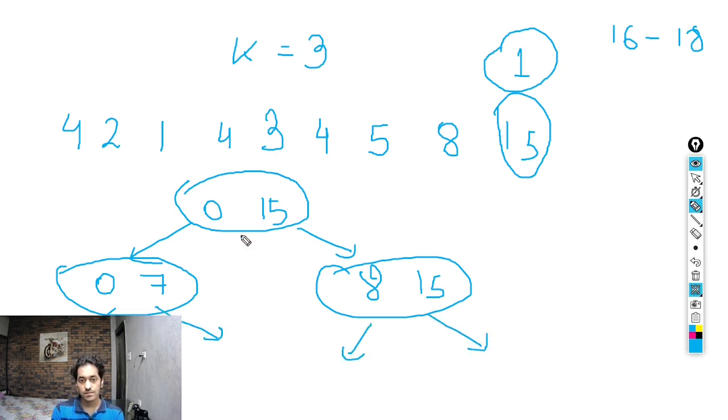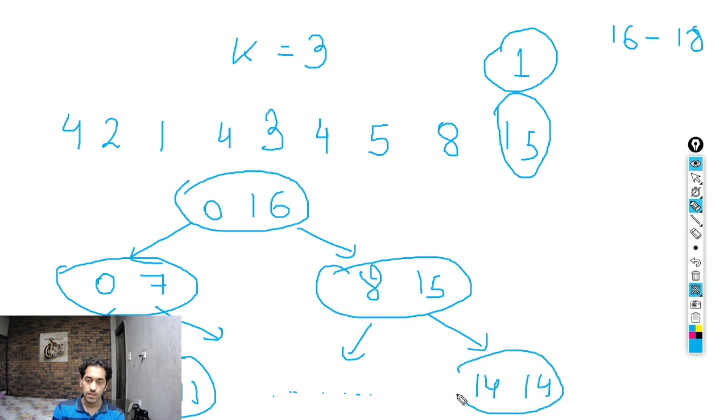Actually, I can also take the maximum plus k. At the end, I'll have something like 0, 0. I'll have something like 1, 1. This goes on for all the indexes. I'll have 14, 14. I'll have 15, 15. I'll have 16, 16.